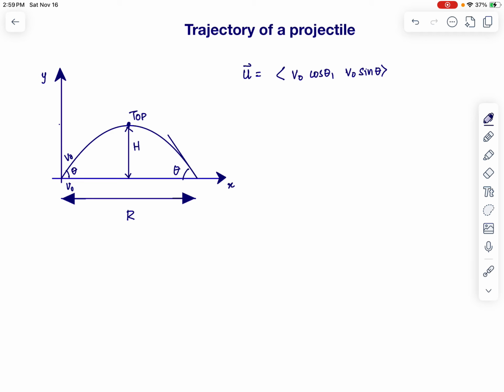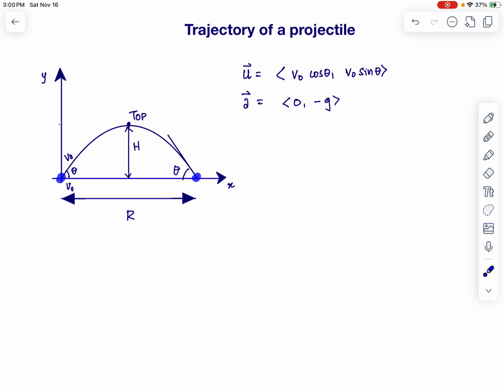Similarly, the acceleration here is 0 in the x direction. So along this horizontal direction there is no acceleration at all, and in the vertical direction it's going to be minus g, where g is the acceleration due to gravity. So we want to know how long it takes for the projectile to fly from this point to that point.